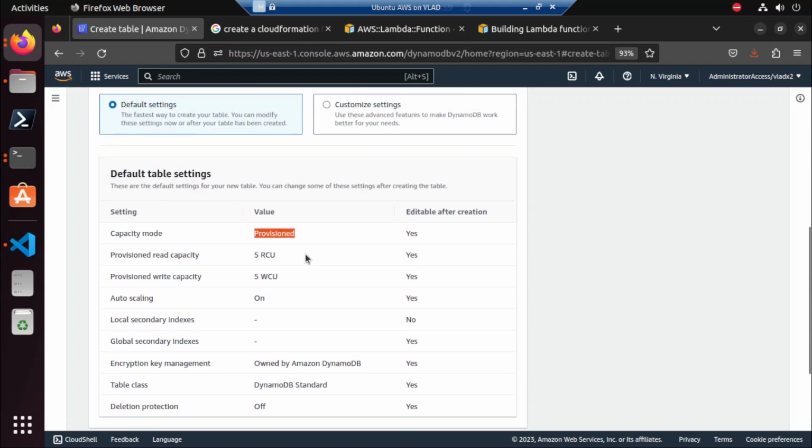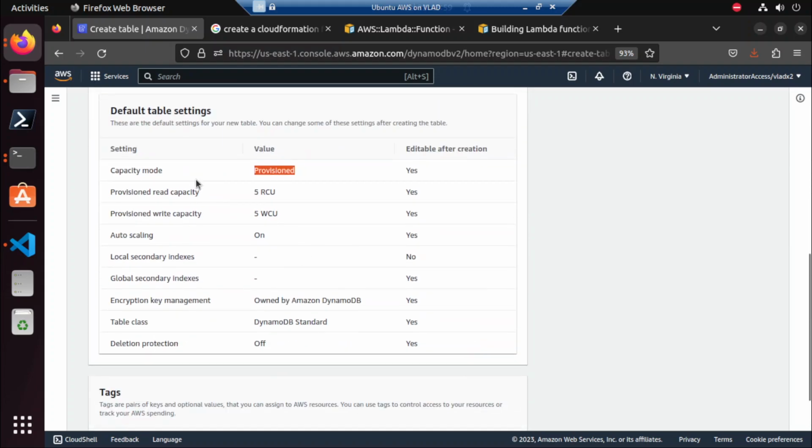For the default settings, the capacity mode is provisioned. There's on-demand and provisioned for DynamoDB. Your provisioned read capacity is 5 read capacity units, and the provisioned write capacity is 5 write capacity units.